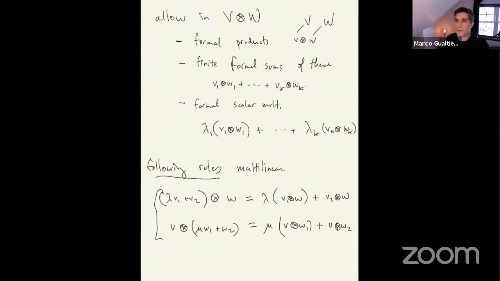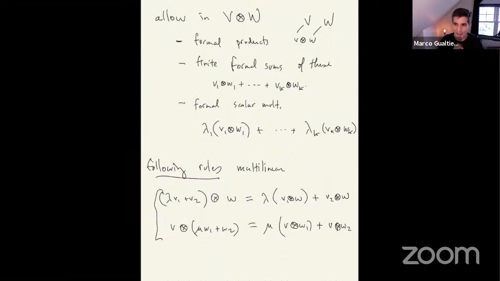Okay, so the tensor product. I remember when I was told this the first time, I thought to myself, well, okay, they're not really telling me the truth. They're not telling me the real definition of the tensor product. There must be something deeper than this. And I would say that it's not true.